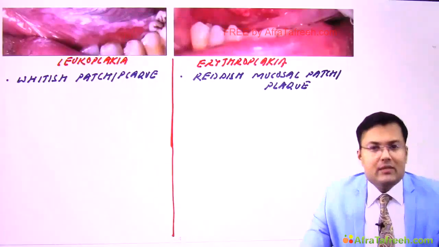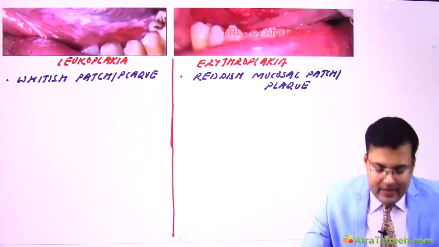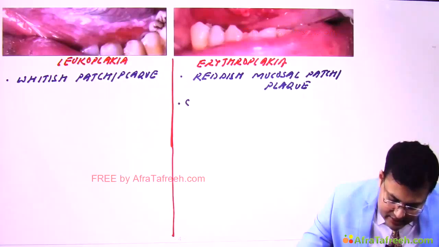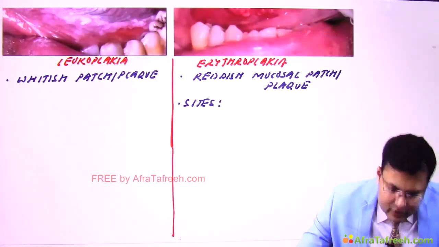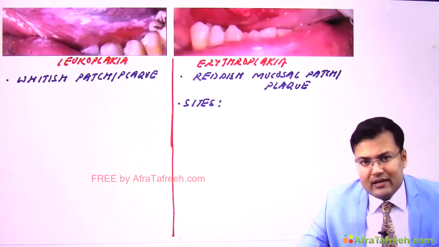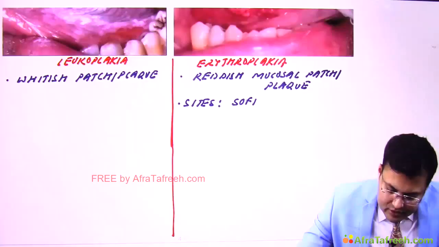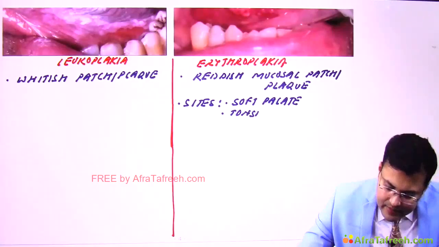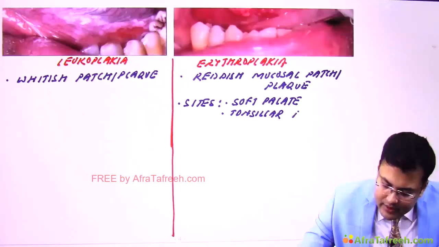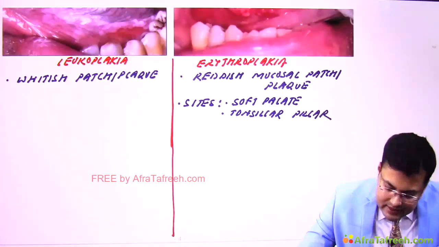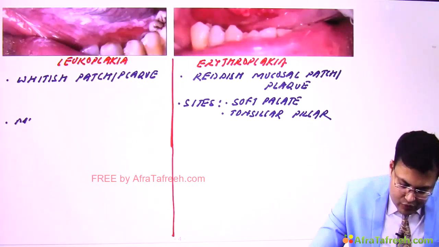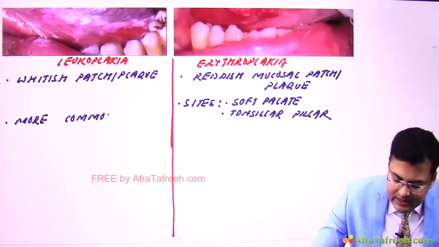Generally, what are the common sites of erythroplakia? So it is seen in soft palate, tonsillar pillar. Okay, if we see the incidence, leukoplakia is more common, and erythroplakia is less common.